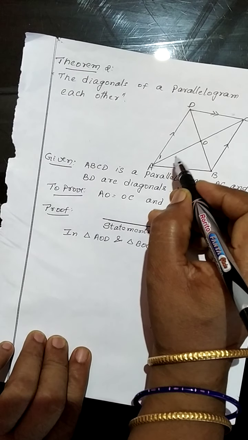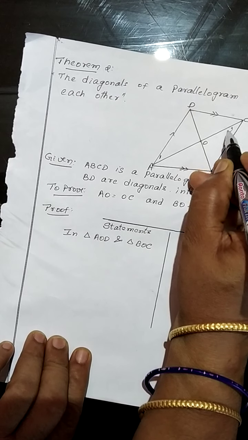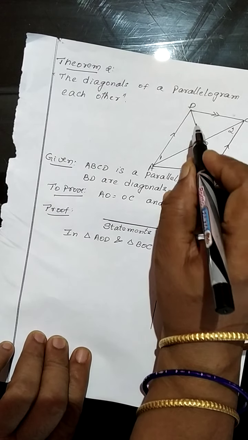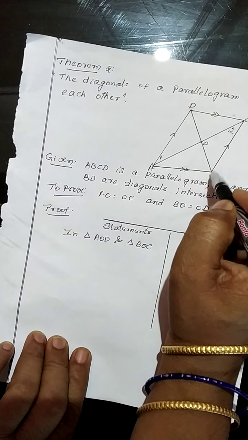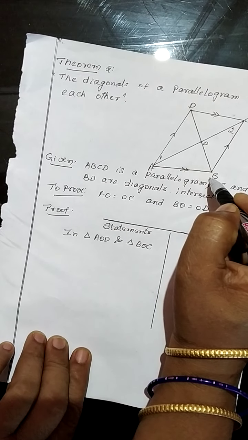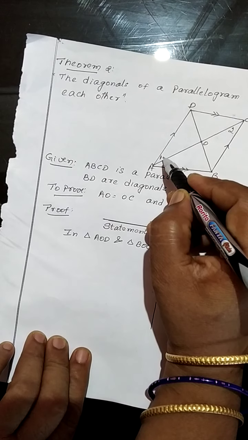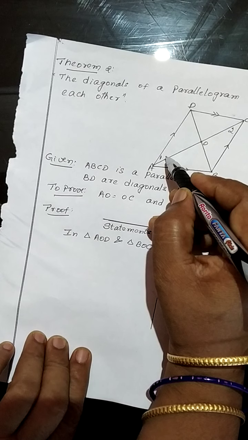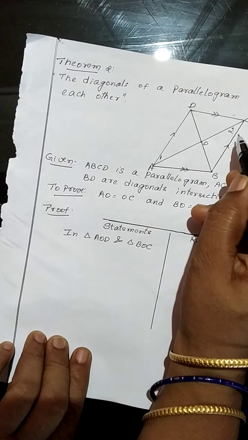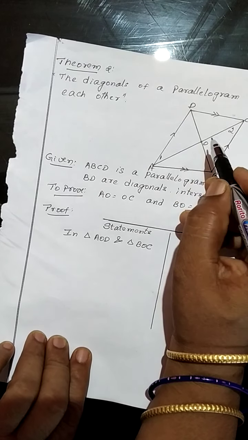See, angle DAO and angle BCO are equal. Can you say the reason? See, AD is parallel to BC, BD is the transversal. So, angle 1 and angle 2 are the alternate angles between the two parallel lines.